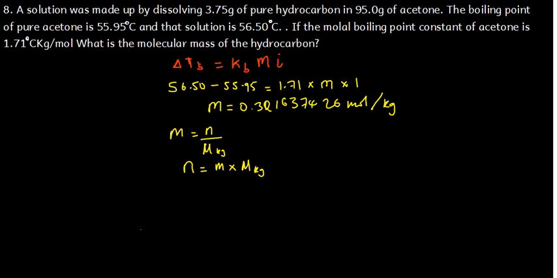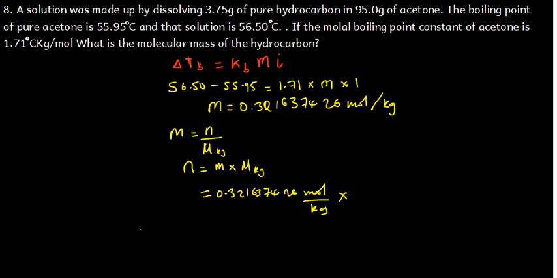So this is going to be equal to the molarity we've already determined, 0.321637426, in mole per kg. And we're going to multiply this by the mass in kgs. So where did we dissolve into?